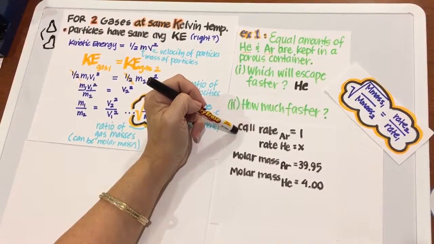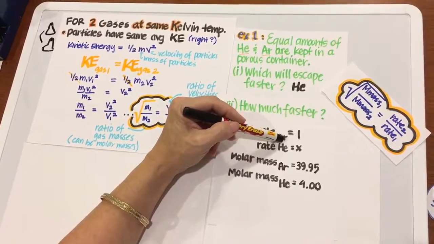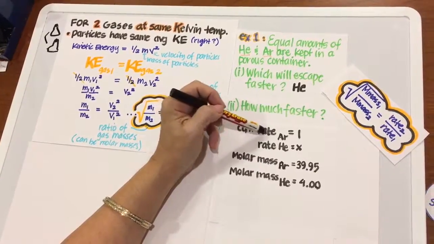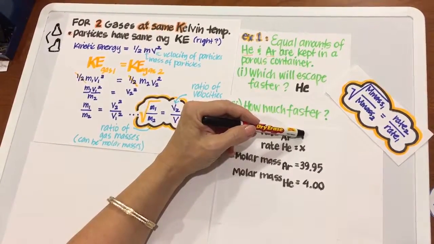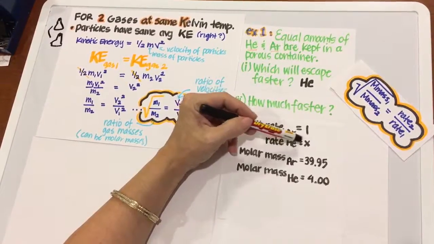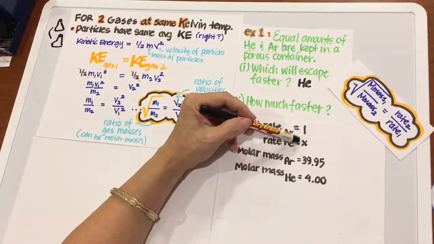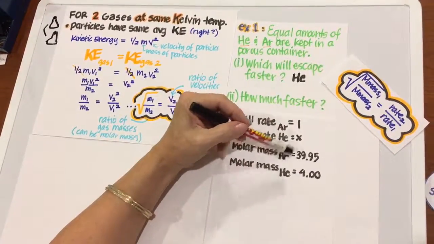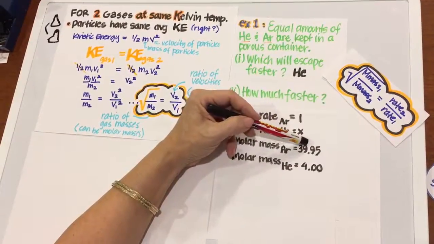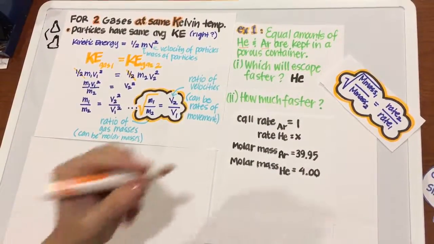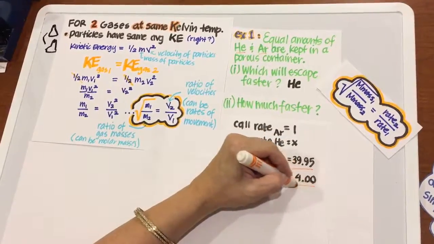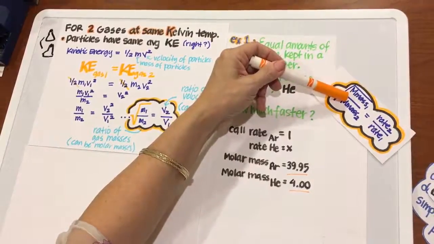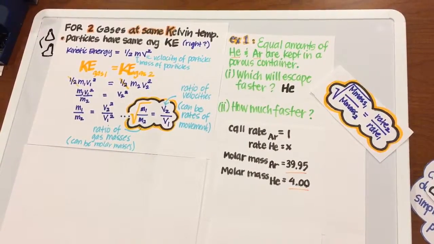So it's a nice little trick to set the rate of argon's effusion out of the container to 1, and then calculate the rate of helium versus argon, and we'll get a ratio. Here's what else we know. The molar mass of argon from the periodic table is 39.95. The molar mass of helium is 4.00. So now let's use Graham's law of diffusion.